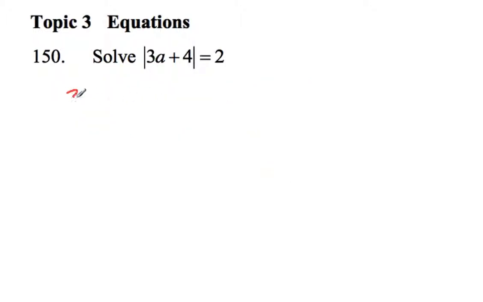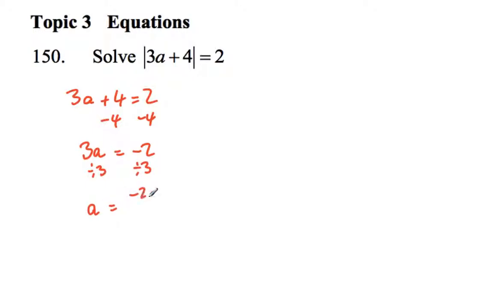Alright, let's ignore the absolute value signs for the first version. Good practice for your solving of equations anyway. We'll move the plus 4 by minusing 4 both sides, leaving us with 3a equals minus 2. We'll divide by 3, divide by 3. a equals minus 2/3. Or we will have 3a plus 4 equaling the opposite of that right hand side, minus 2.